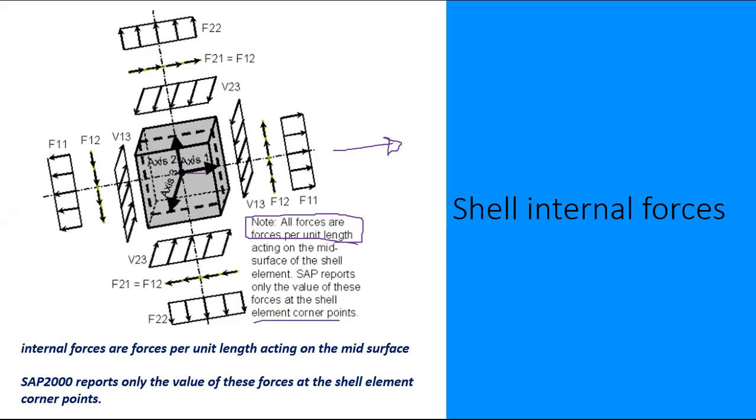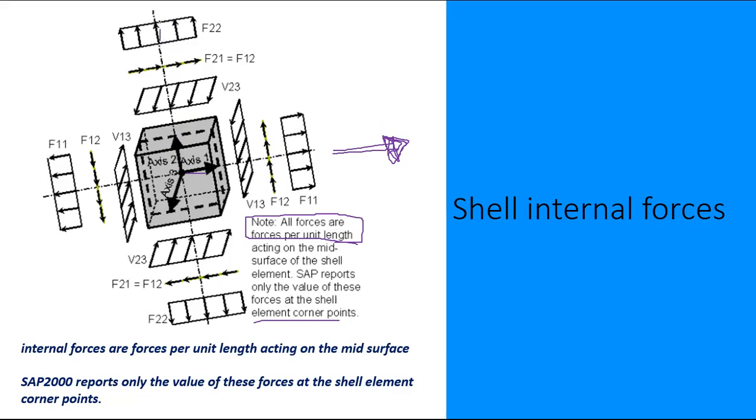F11 is the force per unit length along the first direction, according to the local element coordinate system.